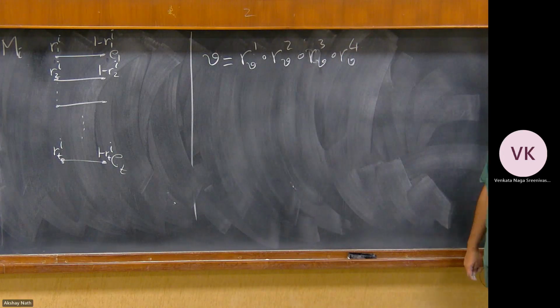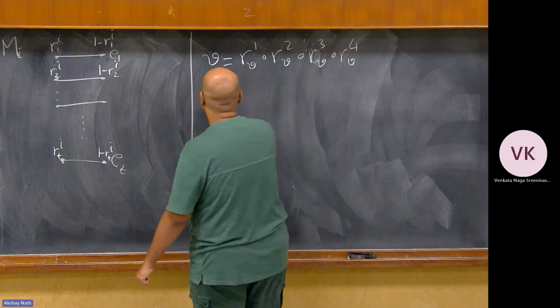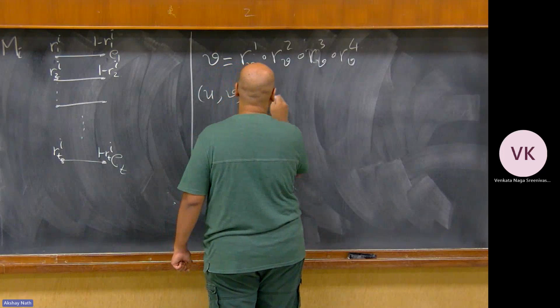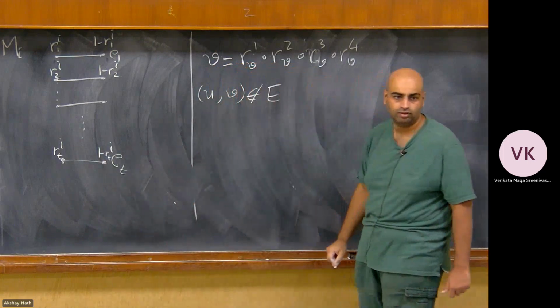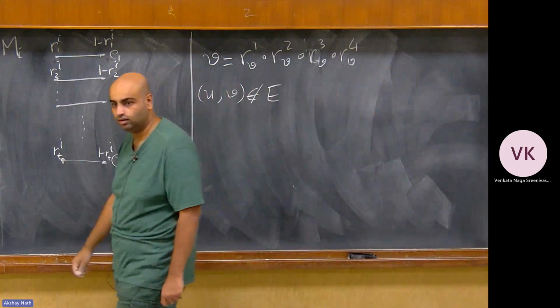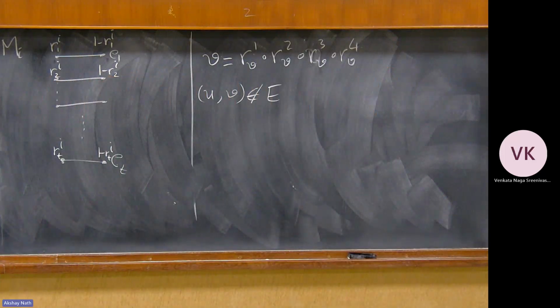Okay. What are the properties we have? Suppose u, v is not an edge in the graph. Each part is a random string of length, let's say, n. Well, log n even suffices here, but let me use n just to be safe.